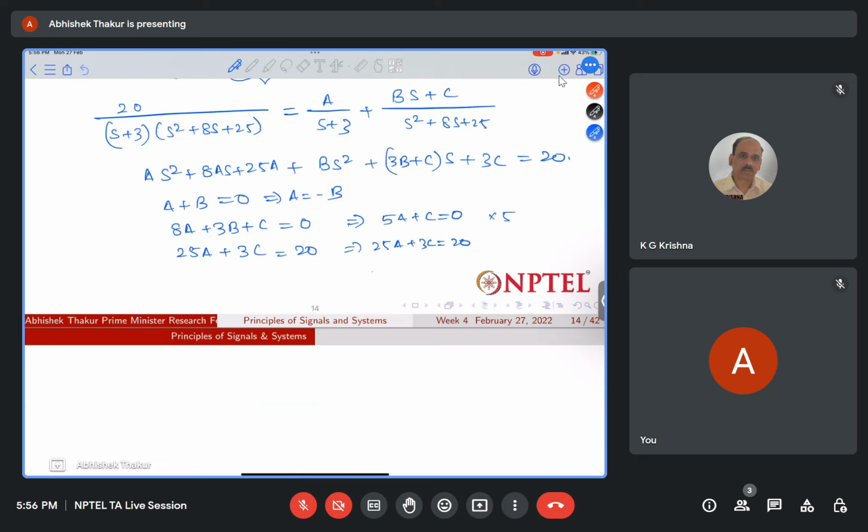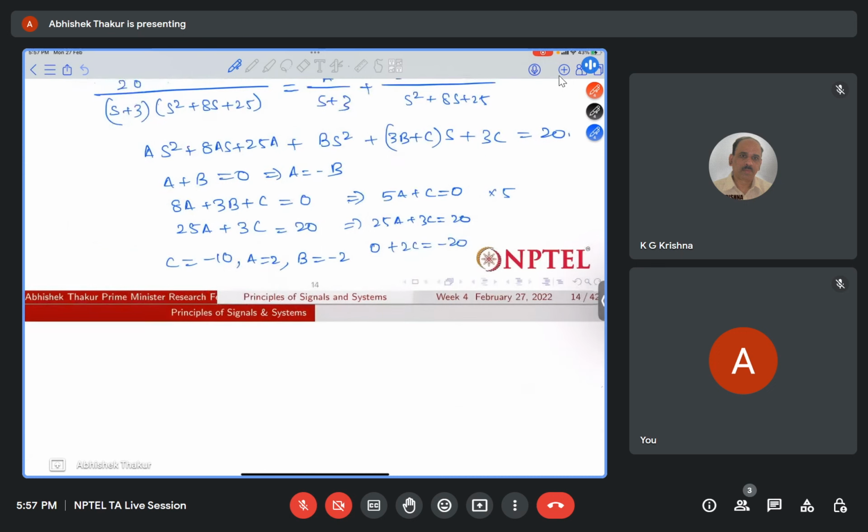You will get 5C minus 3C, that is 2C, equal to minus 20. So C is equal to minus 10, and 5A is equal to 10, then A will be 2 and B will be minus 2, because A plus B is equal to 0.